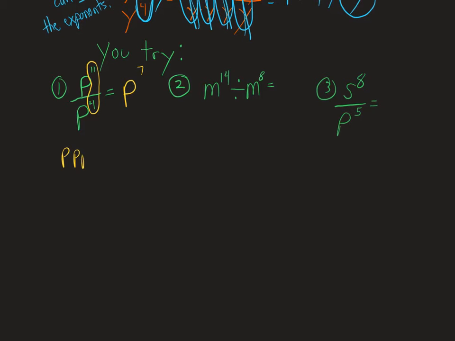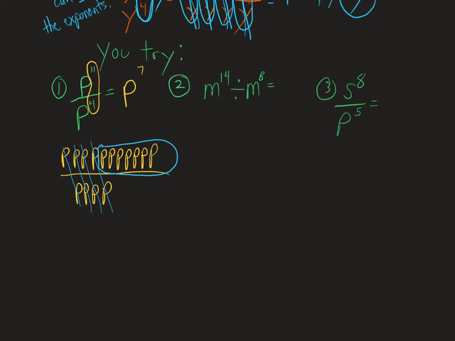If we really wanted to see that, 11 p's being divided by 4 p's, and it's literally just saying cancel, cancel, cancel, cancel, and what's left over on the top? 1, 2, 3, 4, 5, 6, 7. P to the 7th. There you go. Those are all multiplying p's, so therefore it's p to the 7th.